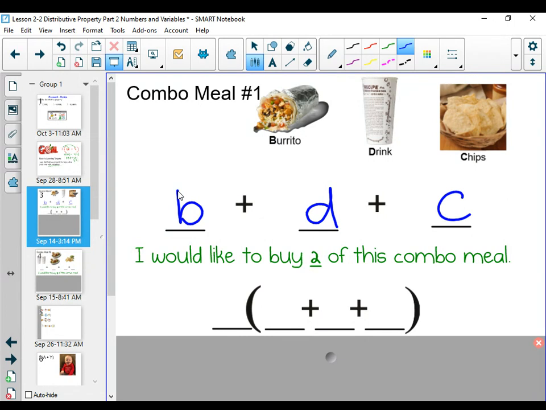But, of course, your brother or sister or cousin or neighbor or whoever you would like to be eating with is with you. So you are going to buy 2 combo meals. So I need to take the burritos and the drinks and the chips times 2.